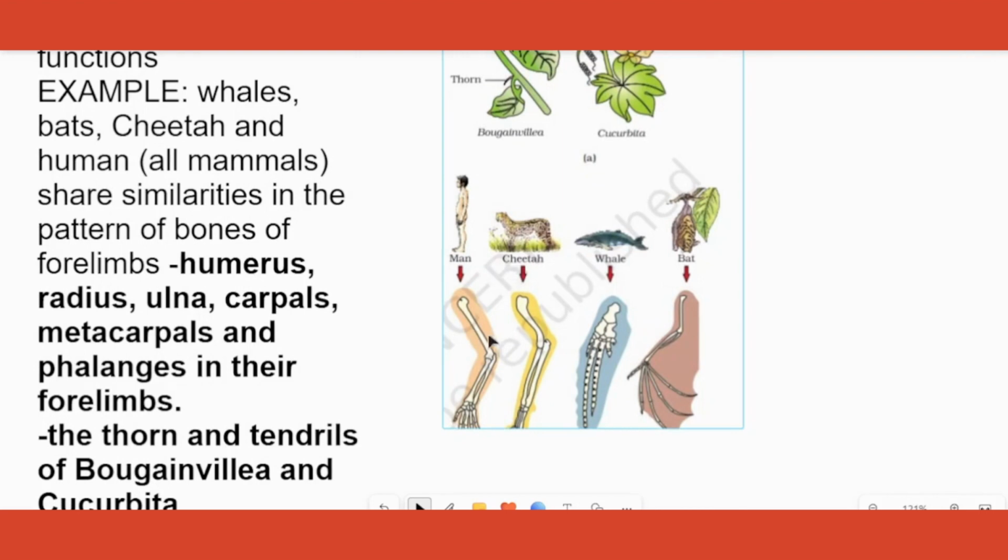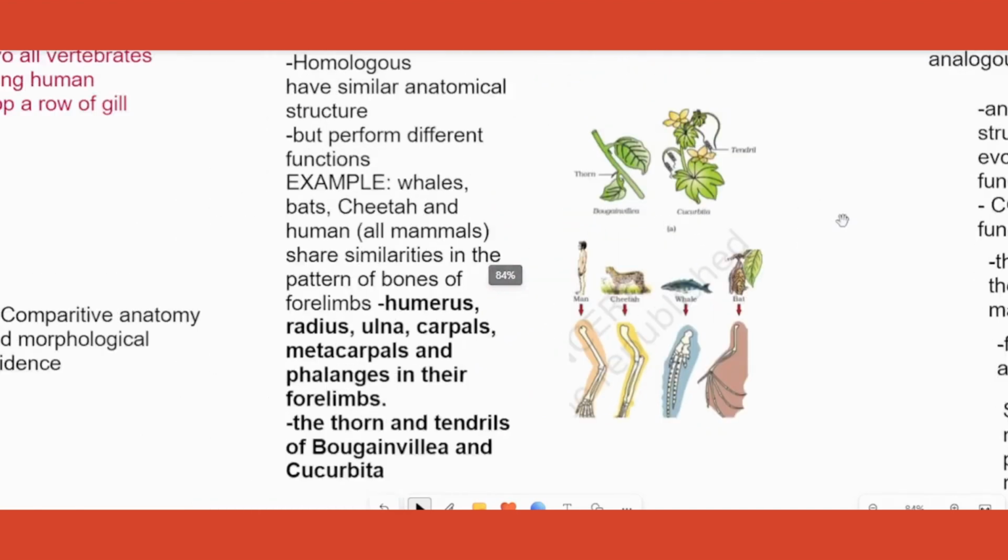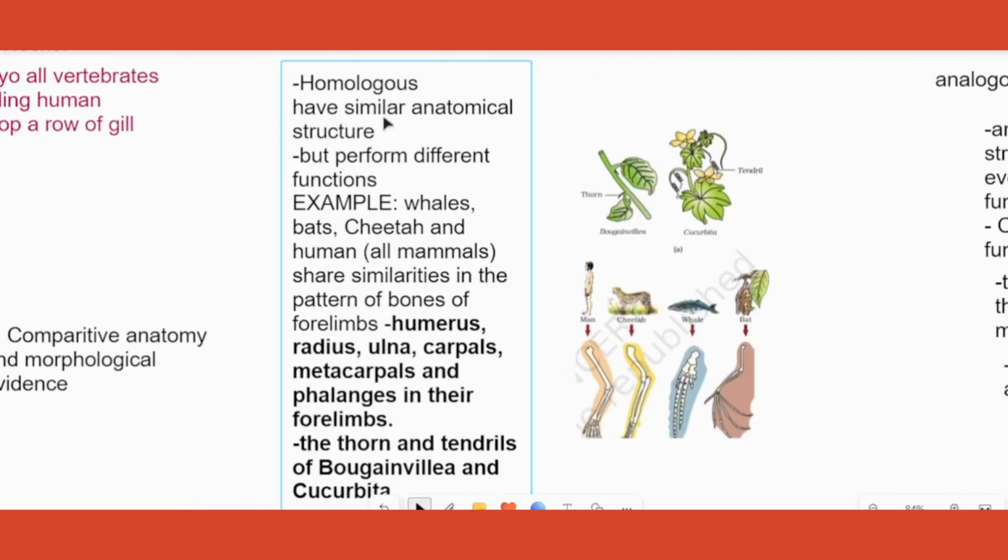However, the use of the same forelimb for all these organisms is different. For man, it is for walking, for cheetah, probably running, whale for swimming, and for bat, it is for flying, right? So, functions remain different. So, read the sentence please. Have similar anatomy. Anatomy is internal structure. All these are same, but perform different functions.